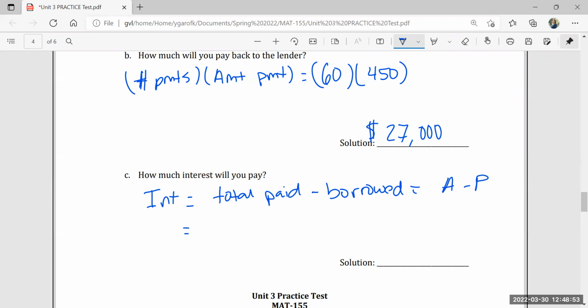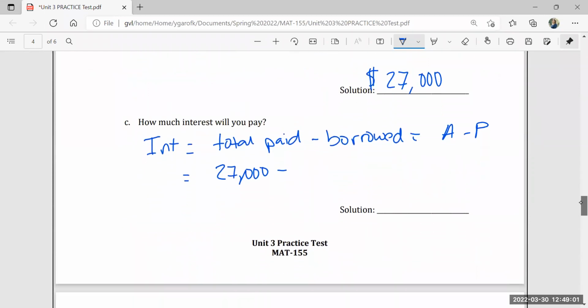And so that is going to be the $27,000 that you paid back minus, what did we borrow? The $22,000 that we borrowed. And that is going to be $5,000. So we pay $5,000 in interest on this particular loan.